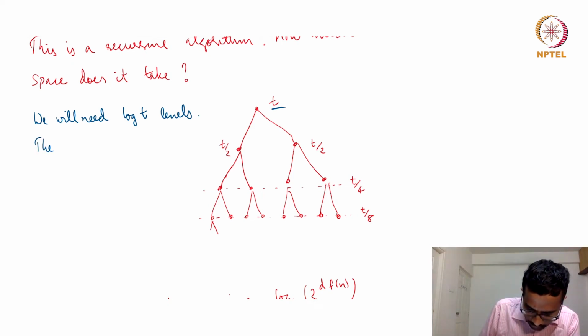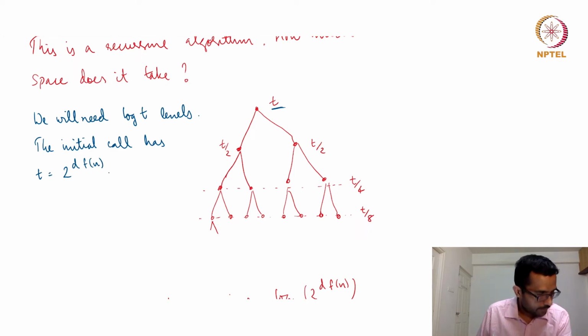The initial call has t equal to 2 power d times fn, right? And after log t levels, what happens is that we are just checking whether there is an edge of length 1 or something, which is the base case that we already saw in the pseudocode.